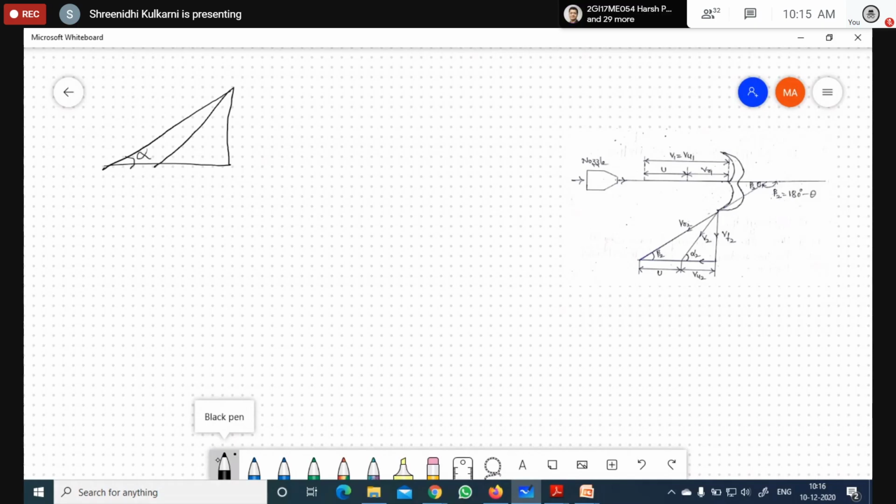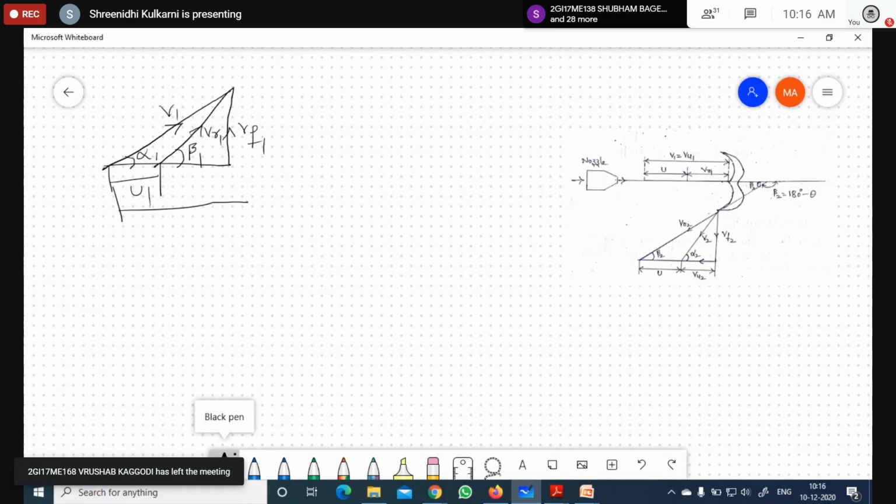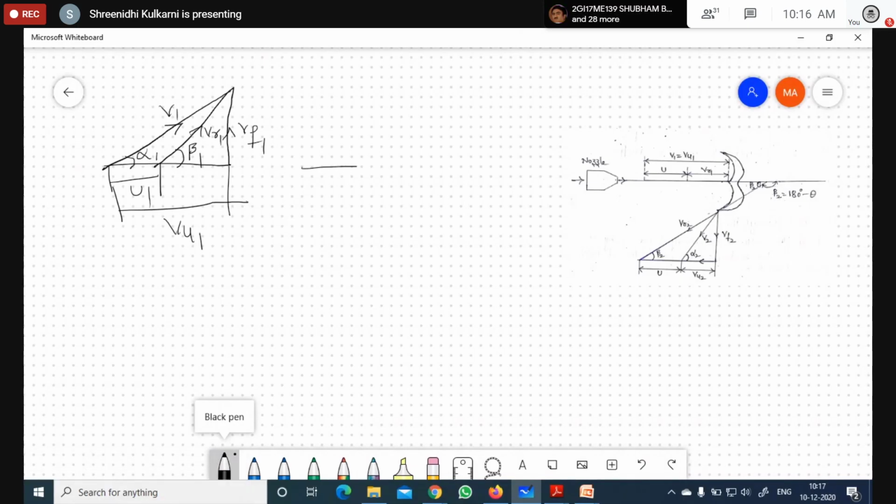So this is alpha 1, and this is beta 1. This is V1, VF1, and this is VR1. From here to here it is U1, and from here to here it is VU1. So this is the inlet velocity triangle. Next I'm going to draw the outlet velocity triangle.